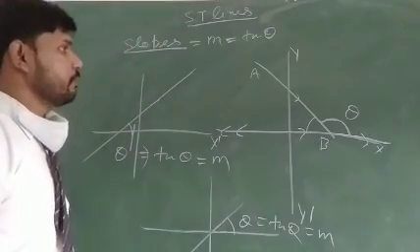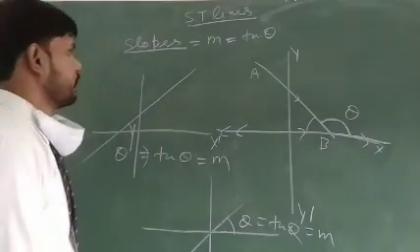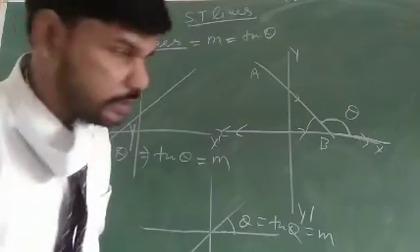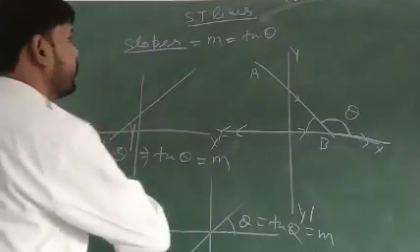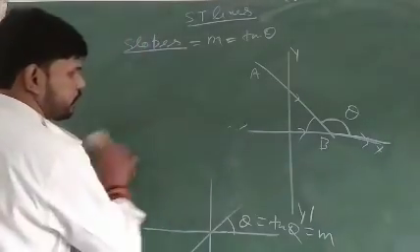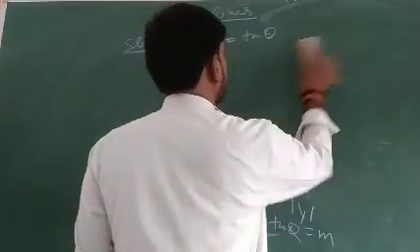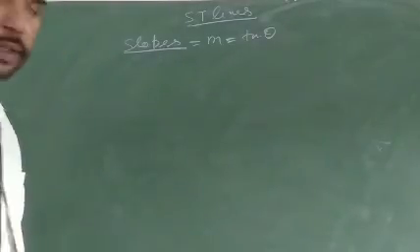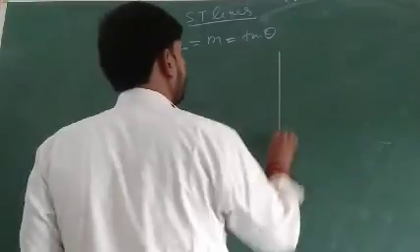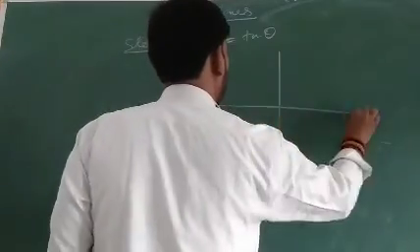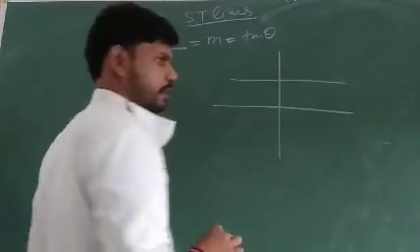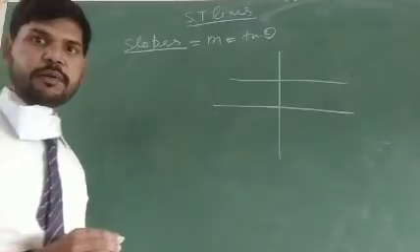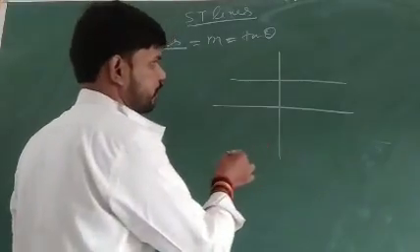Now let us consider some more things. Suppose you have a particular case. Suppose a line goes like this, then what is the angle with the positive direction of x-axis?